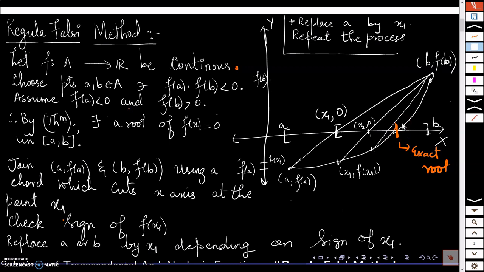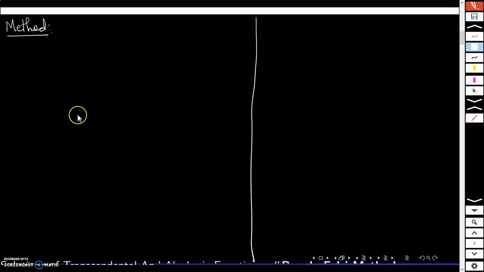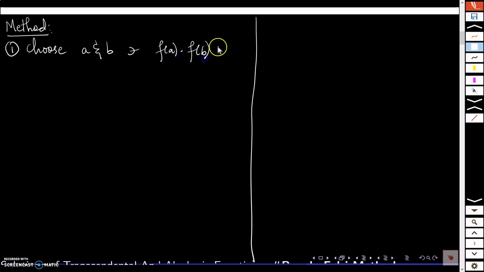Okay, so I will write down the steps in a nice way, so that it becomes easy for us when we are doing the problems. So this is a step-by-step method which I am discussing now to solve a given problem using this method. The first thing that you should do is choose a and b such that f of a and f of b are of opposite signs.